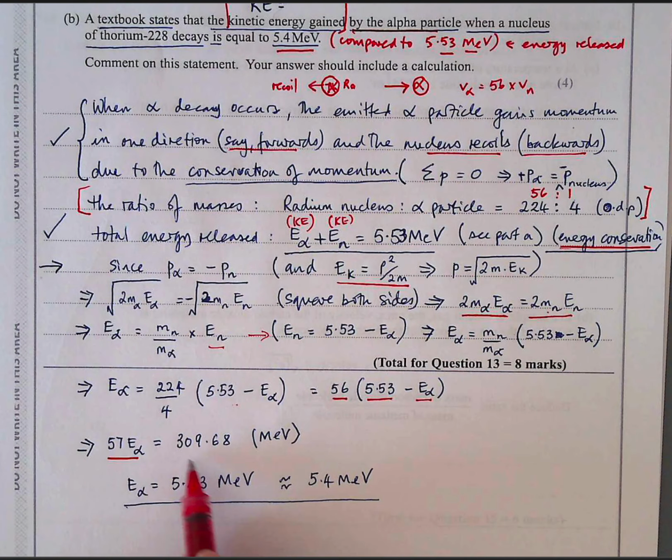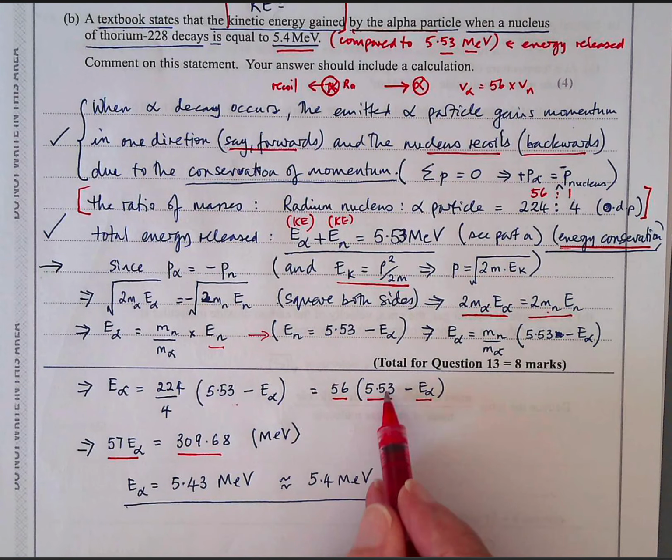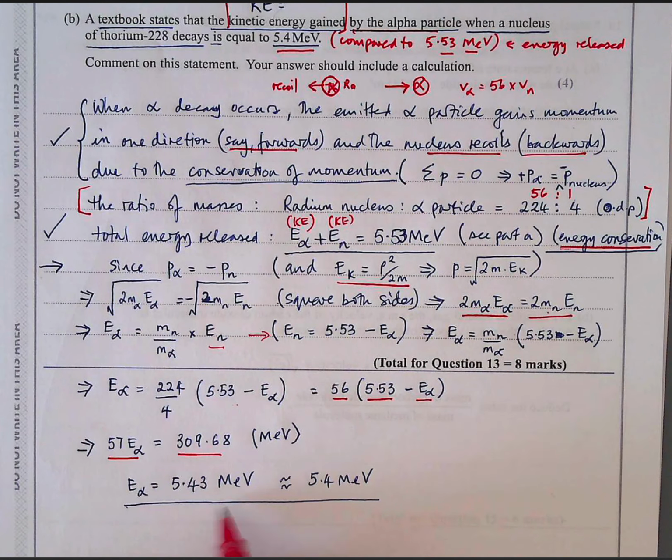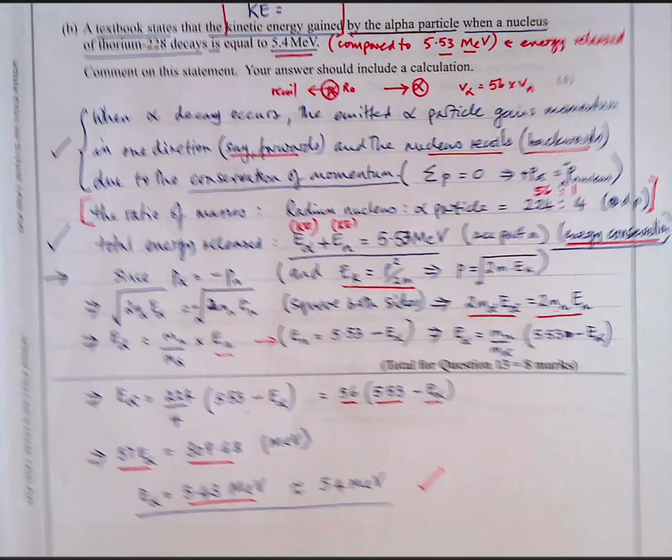Do the algebra, and it comes to 56 times 5.53. You then divide it by 57 and get 5.43 megaelectron volts, which is approximately 5.4 megaelectron volts, which proves what we set out to prove. So that's question 13.